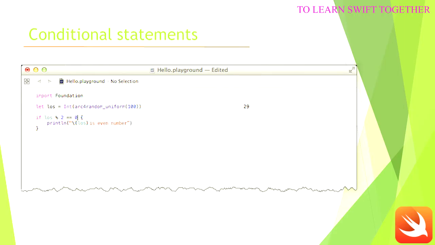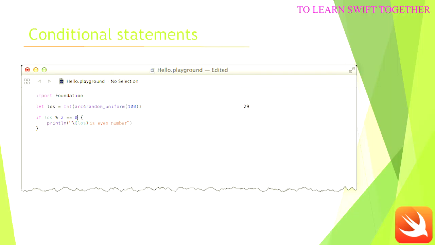You can see the basic variant of the if construction in the example. First, a random value is assigned to the los constant, and then the code using the modulo operator checks whether the random value is even or not. As we can see on the right, the random value in the example is 29.